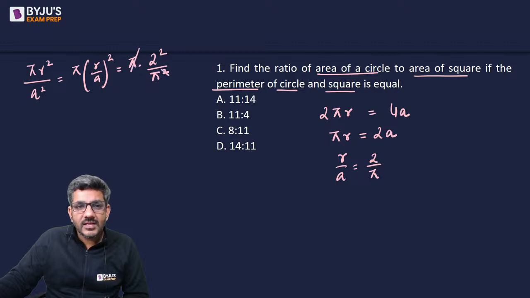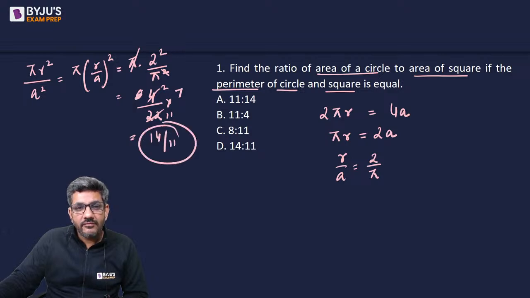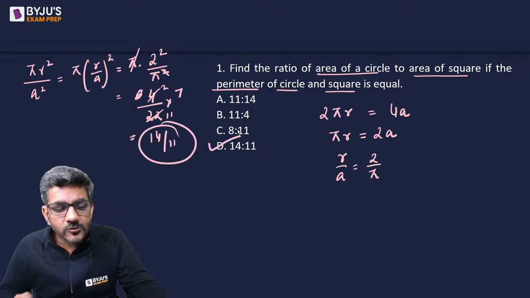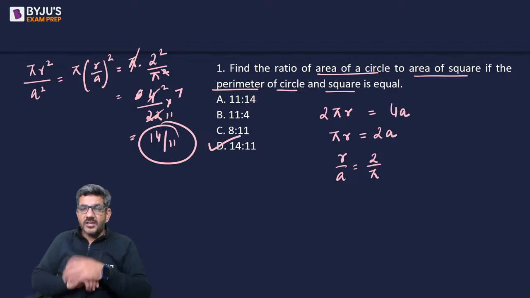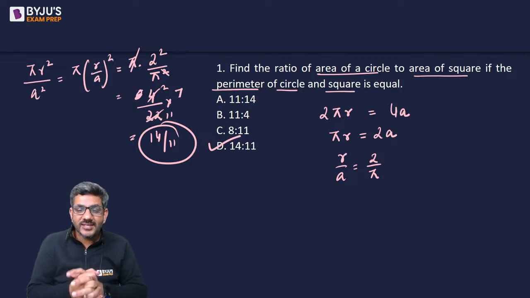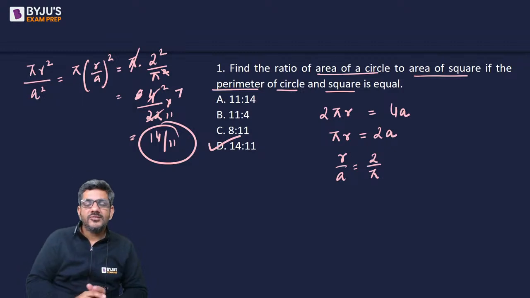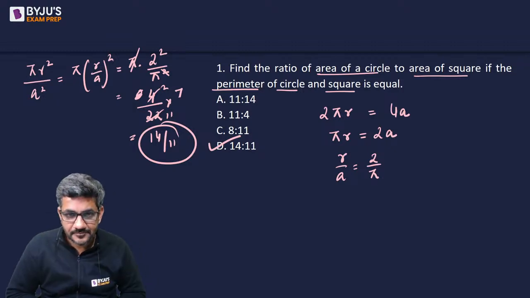So pi will cancel out with this square and I get 2 square, that is 4 divided by pi, which is 22 by 7. So I can say my answer is 14 is to 11, which is given in option D. So option D is the right answer for this very first question. Music Core is here with the right answer as well.